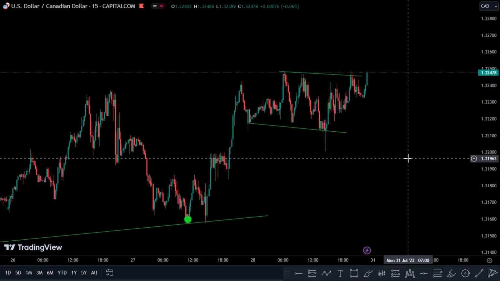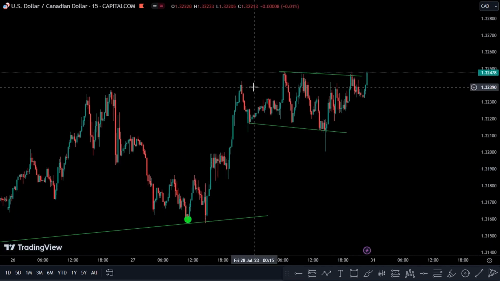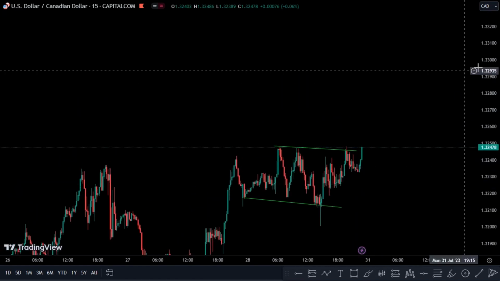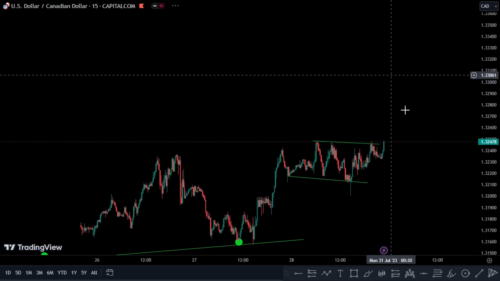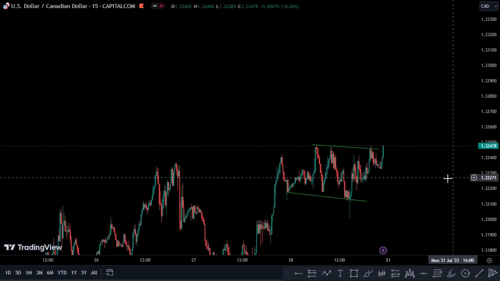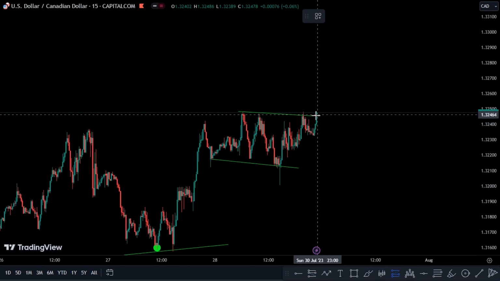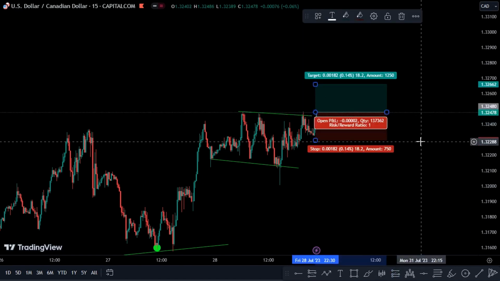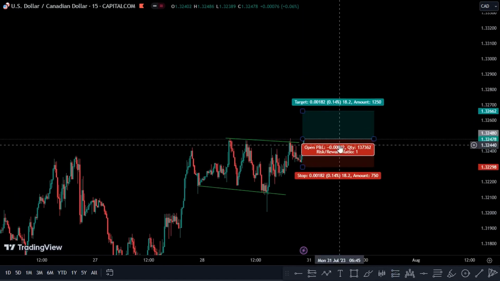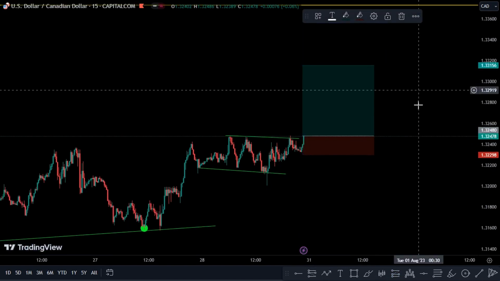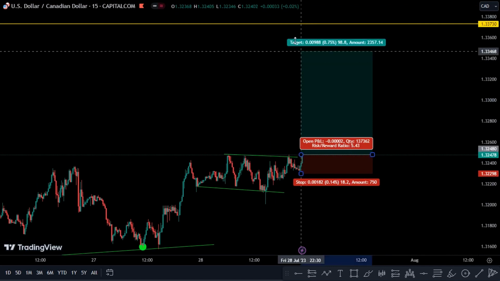So what you can see happening here is impulse, then correction, then what is going to follow is another impulse to the upside. So at this point I'll be looking to take my long trade right here. I'll wait till the spread adjusts, and then I'll be looking to execute a buy or a long position on this trade like this.